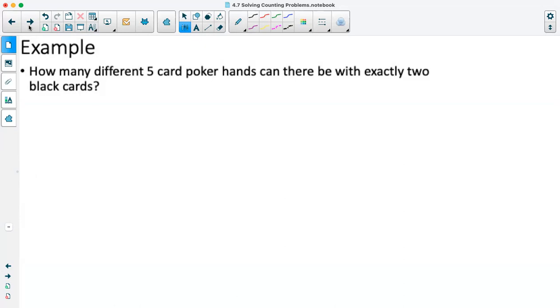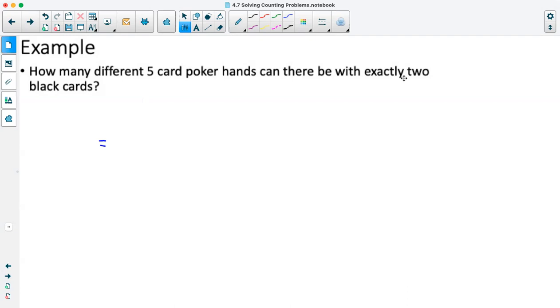However, this one has a little extra to it because we can figure out how many different hands they can have that have 2 black cards. So in a deck of cards, we've got 52 cards, half black, half red.